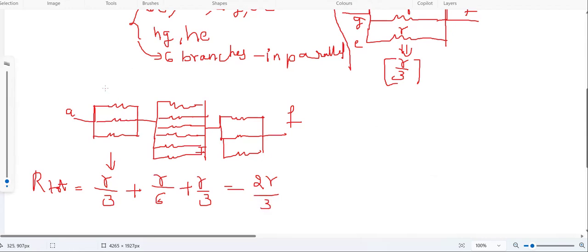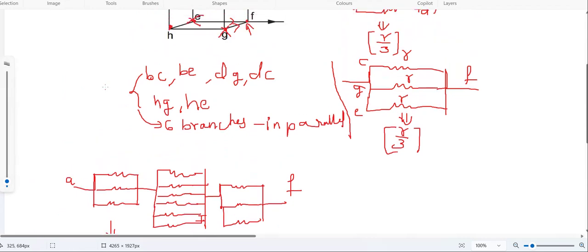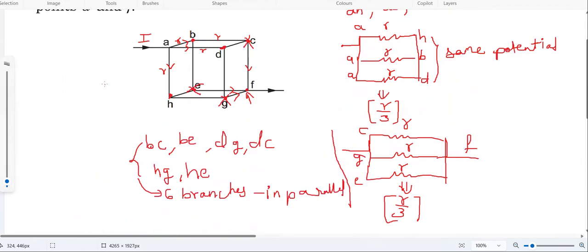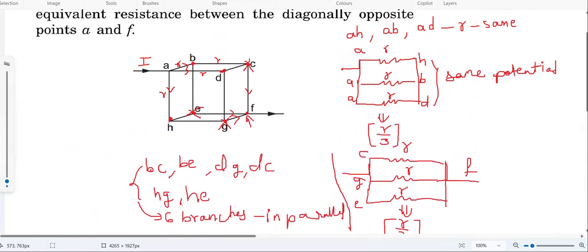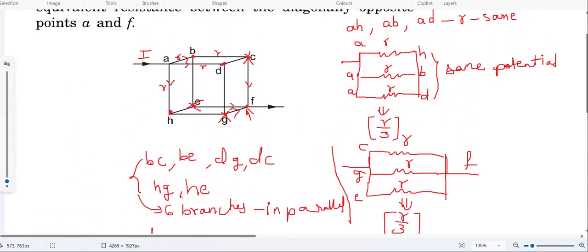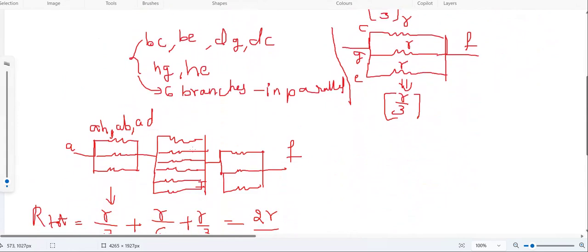So you can even write the branches here for that understanding. The branches in the first step: AH, AB, and AD. And then the second step, what are the branches?